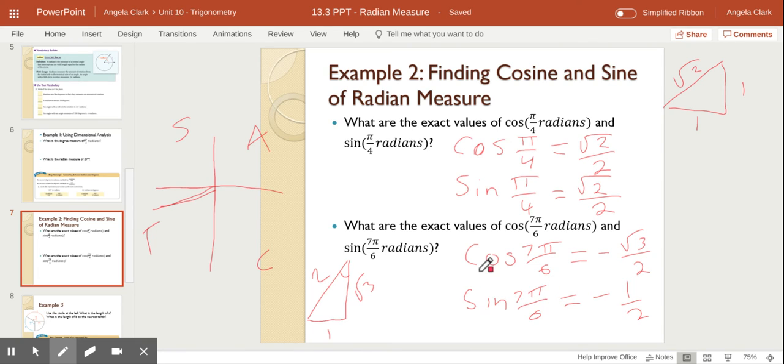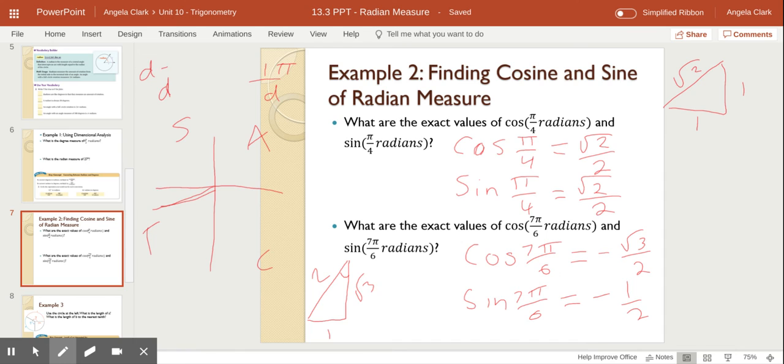So basically, figure out your reference angle, which you can do using the denominator. Figure out which quadrant you're in, which you do by comparing the numerator with the denominator. So I'll go over those rules. This would be 1 over whatever the denominator is. So there's always 1 in the first quadrant. In the second quadrant, it's going to be the denominator, and then the numerator is going to be 1 less than that.